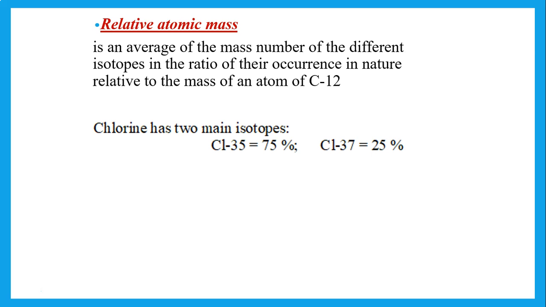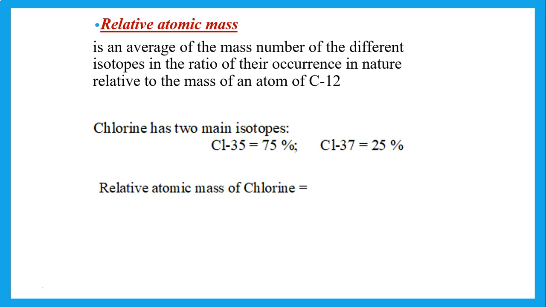So for example, if I tell you that chlorine has 2 main isotopes, one type of the chlorine atoms has mass number 35, the other one has mass number 37. Now, if I have a total number of atoms of chlorine, 75% would have a mass of 35 and 25% would have a mass of 37. So what is the average of all of this?